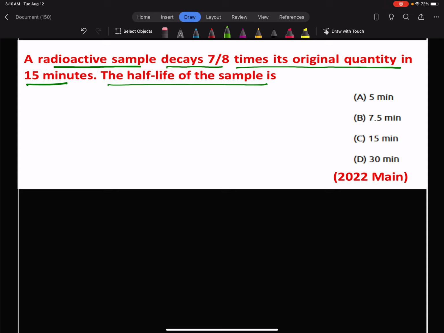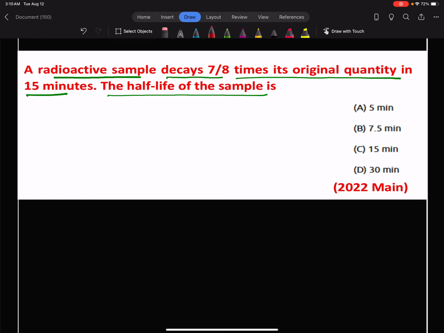So let us assume that the initial quantity, or original quantity, is N naught.